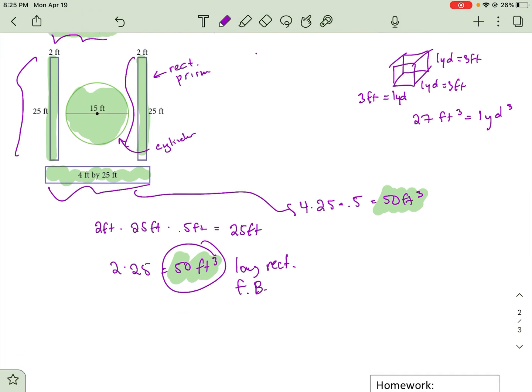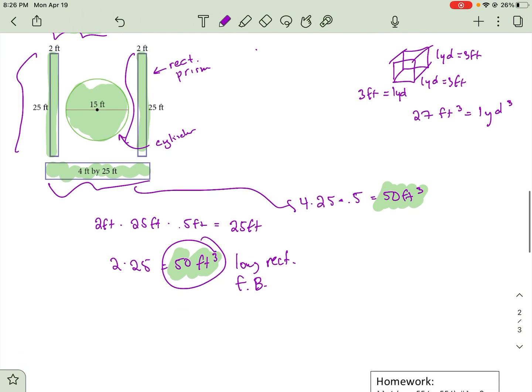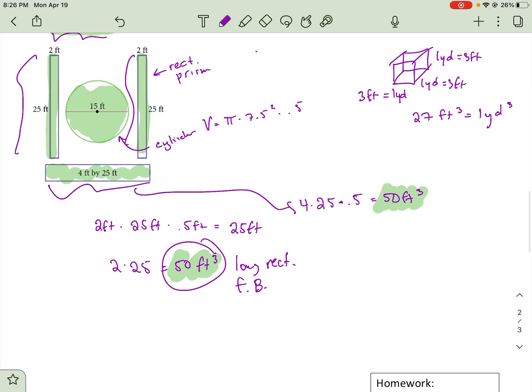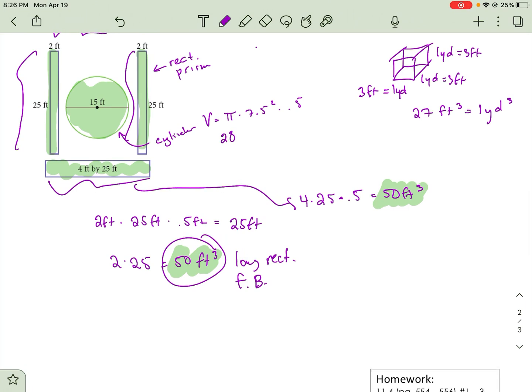And then for the cylinder, the volume is equal to pi times 7.5 squared, so pi r squared, times the height, which would be 0.5. So we have 7.5 squared times 0.5. So we get 28.125 times pi.